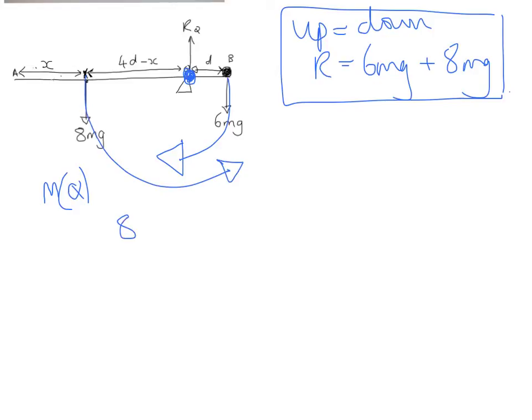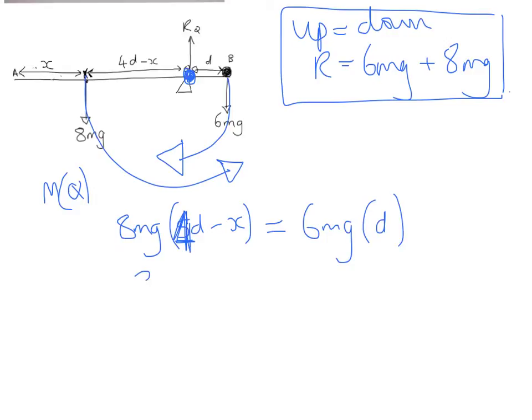So on one side of the equation I've got the 8 mg times the distance to the pivot, which is 4d minus x. That's the distance from that force, the line of action of the force, to the pivot. And on the other side I've got the 6 mg, which is a distance d from the pivot.